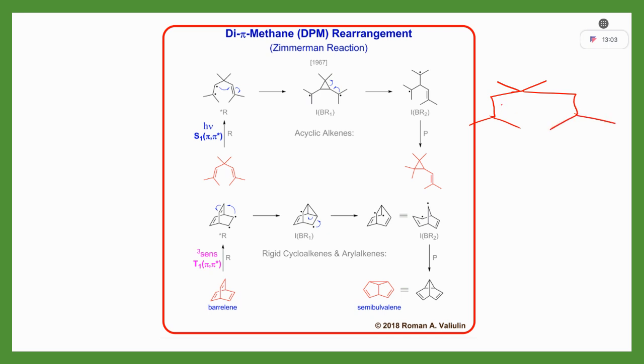So, your first task should be to identify whether this substrate is viable for this reaction. So, in the starting material of di-pi-methane rearrangement, these two double bonds are not conjugated, right? They are separated by two single bonds.